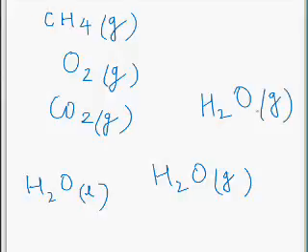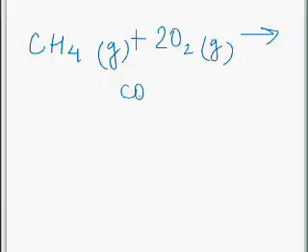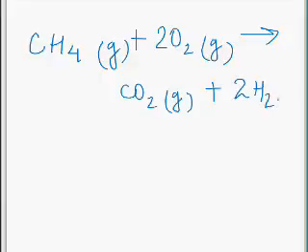So if we put the physical state of all the reactants and products, then the above equation can be written like this: CH4 (g) plus 2 O2 (g) gives CO2 (g) plus 2 H2O (g).